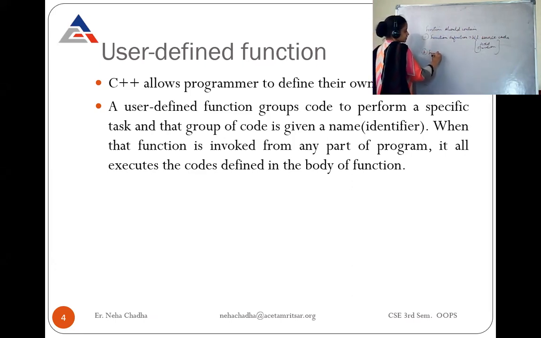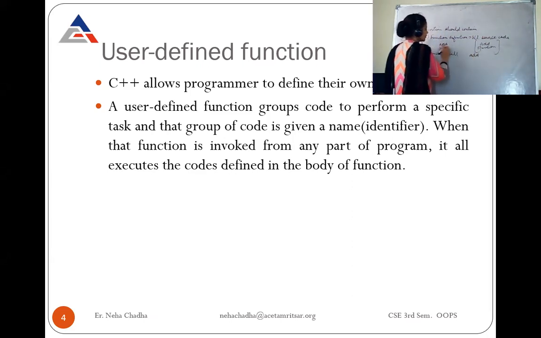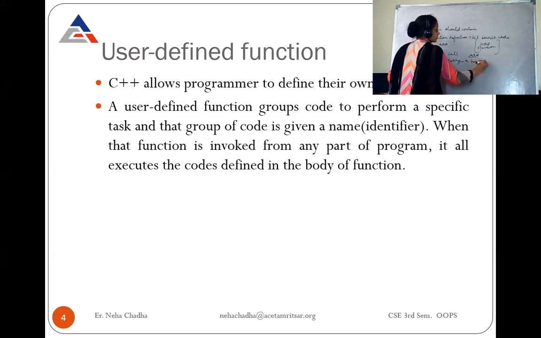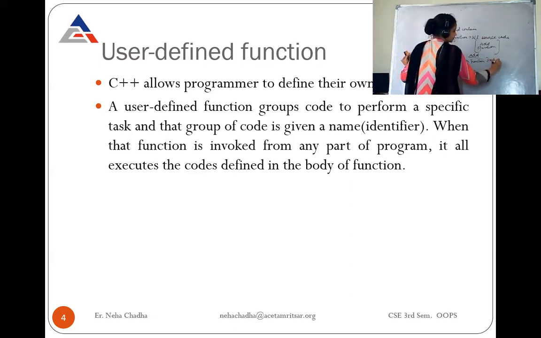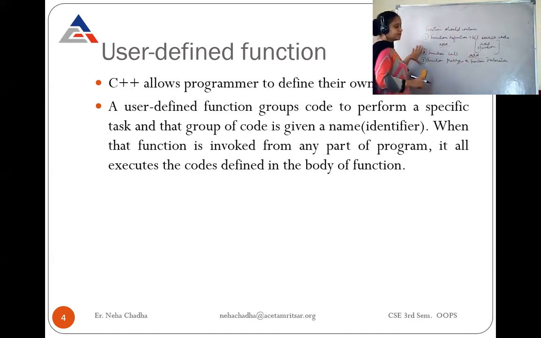Function call: you have made one function with the name add, then when you will call the function, you will call by the same name that you have given to the function. Then third is called function prototype, or this thing is called function declaration. These are the three mandatory parts that your function must contain.